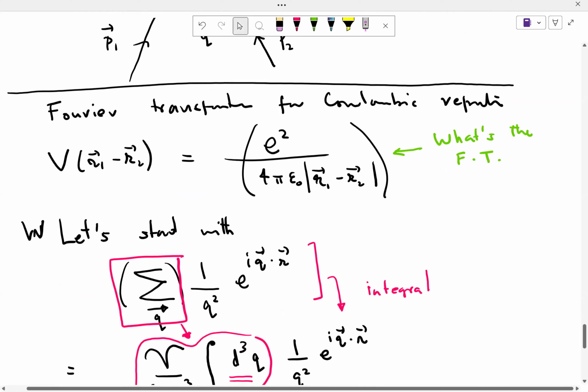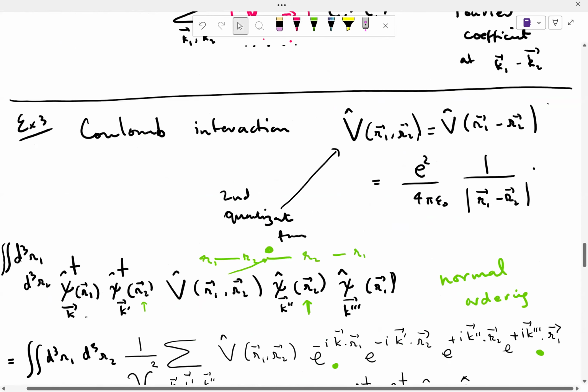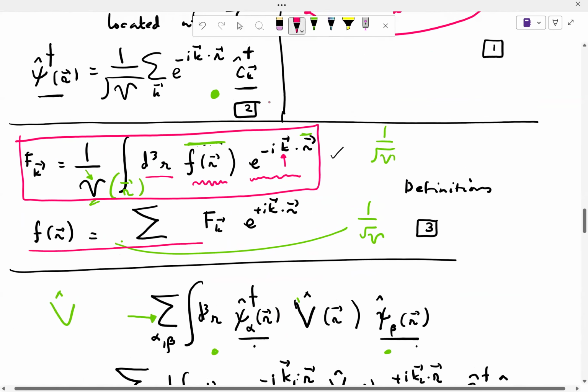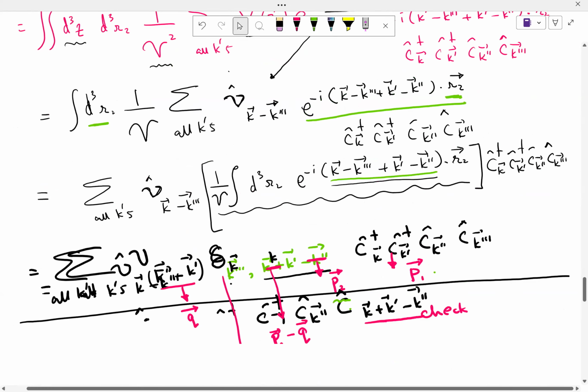If I go above to my definition of the Fourier transforms, which are here, notice the correspondence and the resemblance of what I've written at the bottom with this function, right? It's just a sum of the Fourier coefficients being multiplied by plane waves. So this is exactly what we have over here.